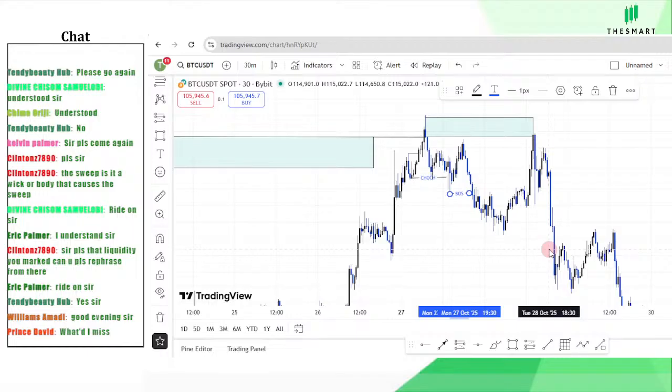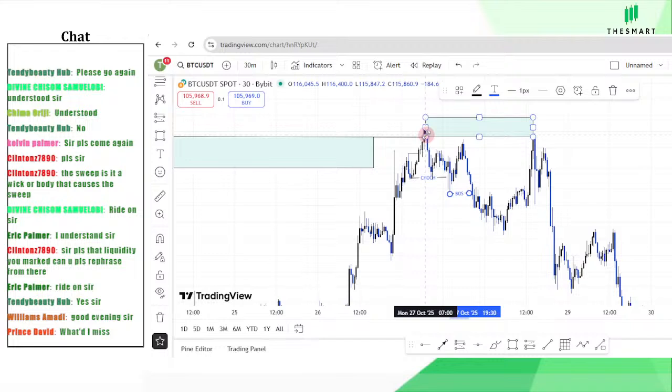Now, a lot of times, price can still give you this confirmation and still push to the upside. No doubt. But a lot of times, let me just say 80% of the times when you have a market sweep, it's usually a reversal.